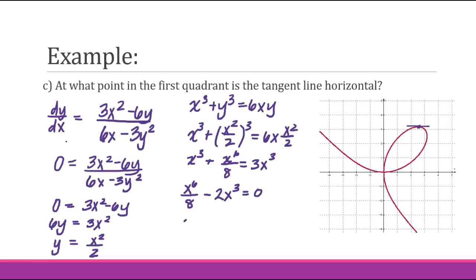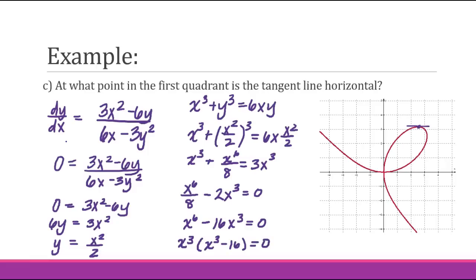If I want to clear fractions here, I multiply everything by an 8, and I get x to the 6th minus 16x cubed equals 0. So factoring out an x cubed, I get x cubed times (x cubed minus 16) equals 0.